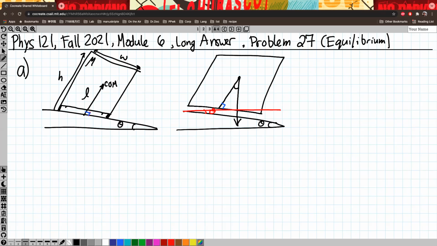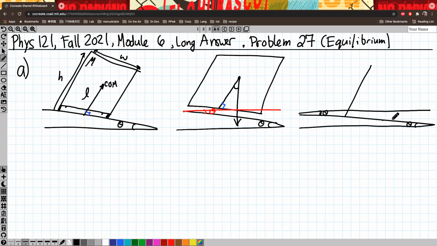Yeah, okay. I guess you could use that bottom right angle in that triangle.